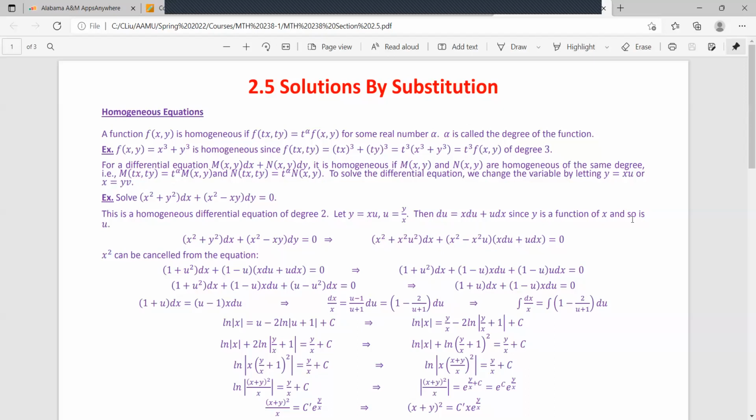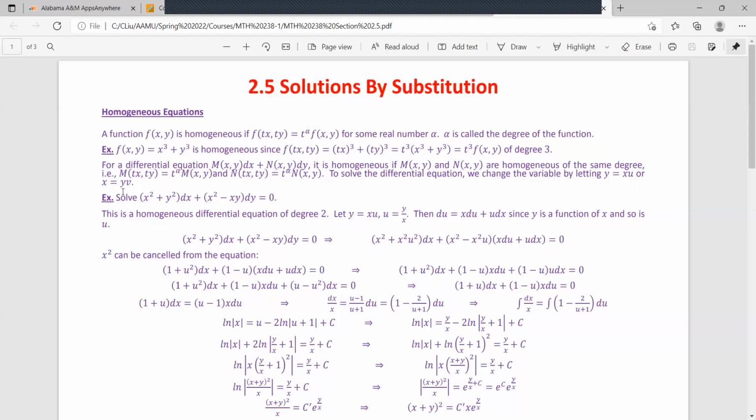And in that way, we can rewrite the original differential equation in terms of u and x. When you replace y by x times u, you don't have y anymore in the equation. Instead, you have x and u, and you try to solve u as a function of x in the new equation.